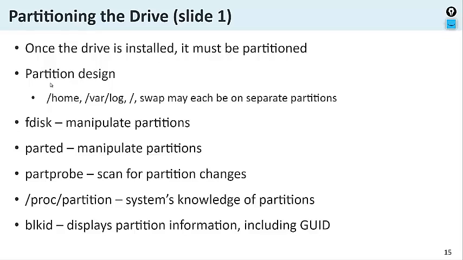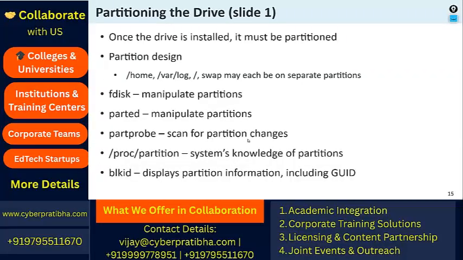Here are some commands which can be used for creating partitions: fdisk, parted, partprobe, /proc/partitions, and blkid. Generally fdisk and parted are used for creating the partitions. The partprobe command will display any type of change that happened.